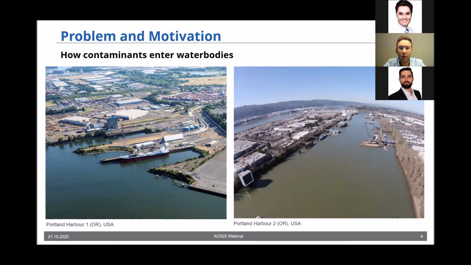And due to all these processes, lots of contaminants enter our water bodies. We have a variety of different contaminants that we have to deal with. And as environmental problems get more and more seen by us as humans, these problems get more in focus.